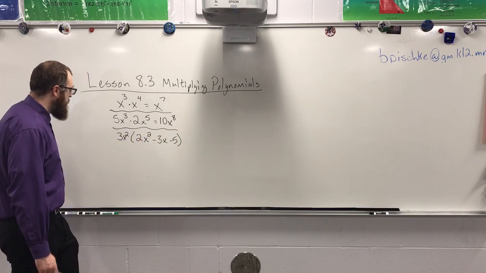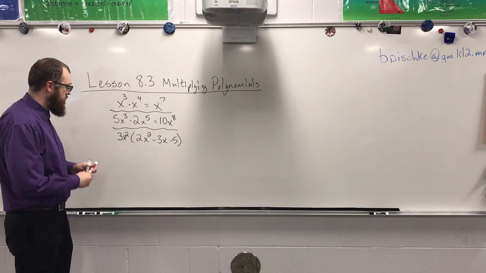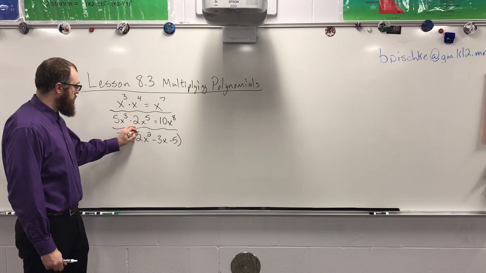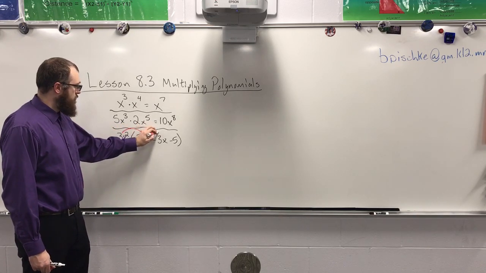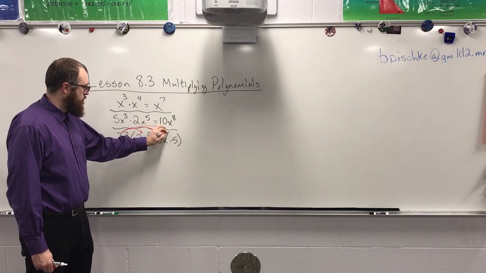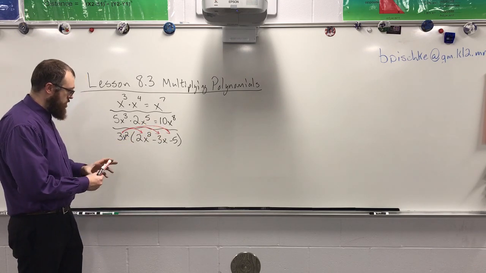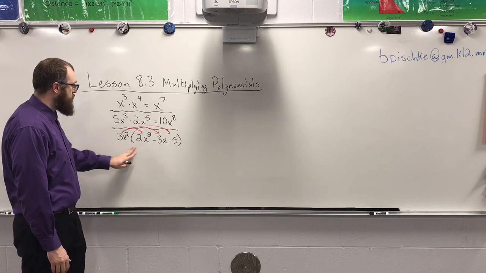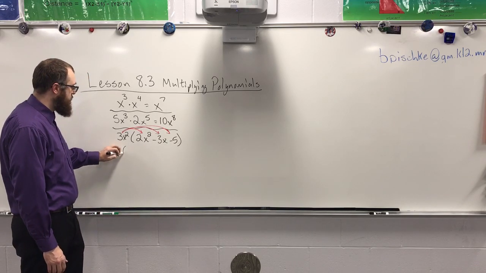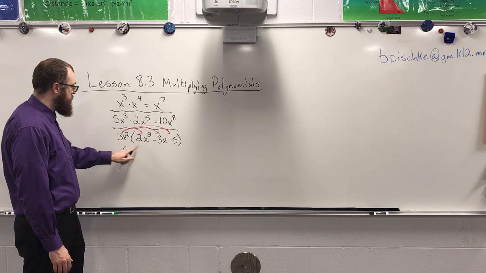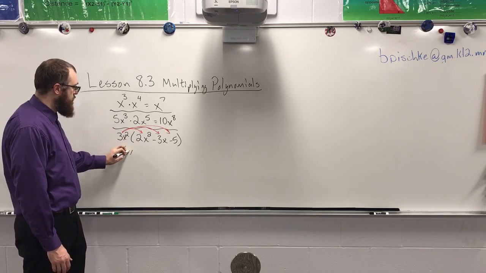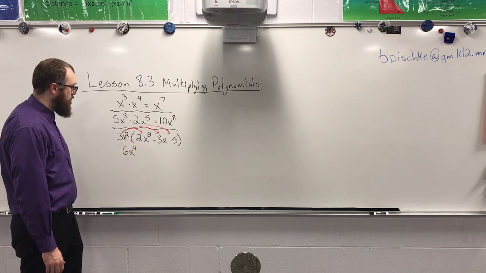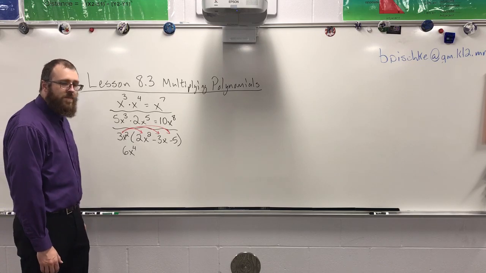In order to do this, we need to distribute. First monomial times monomial. 3x squared times 2x squared is 6. 3 times 2 is 6. X to the 2 plus 2 is 4th power.